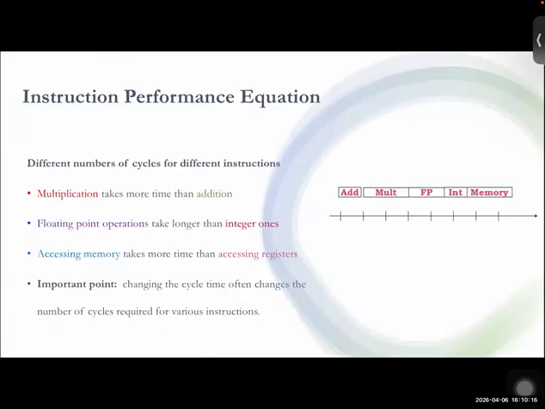So multiplication operations, suppose, may take more time than simple addition and subtraction operations.